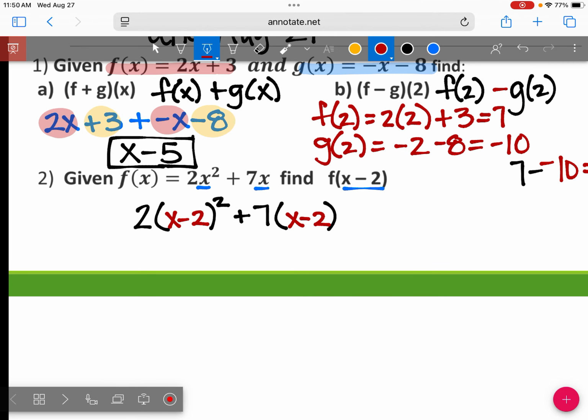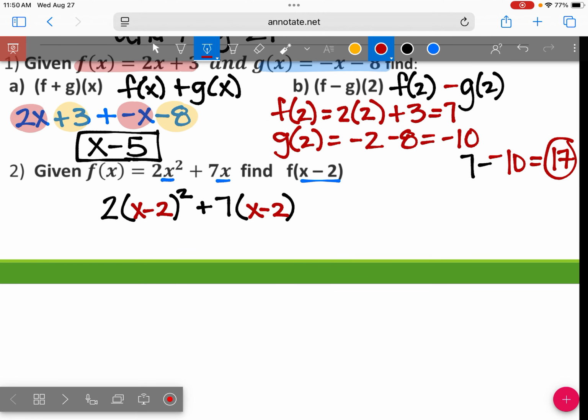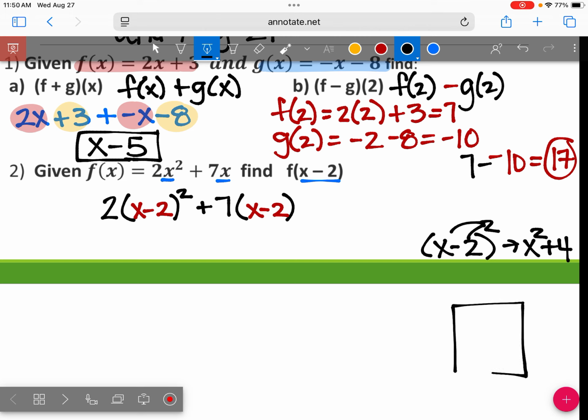Now, hopefully nobody makes this mistake, but I know there's going to be at least 25 out of my 90 that will. X minus 2 squared, you can't just do that and say that it's x squared plus 4. That is wrong, okay? You have to multiply that out fully.